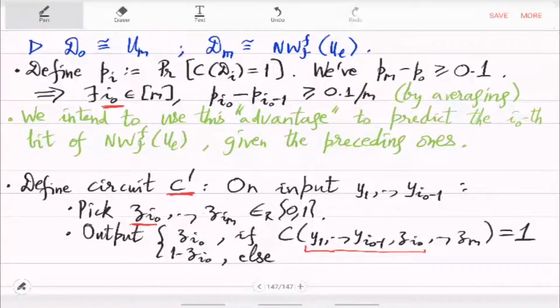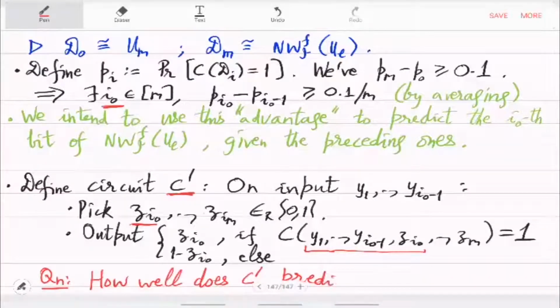So obviously the question is, how well does C prime predict yi0, right? What is the success probability? This will be a Bayesian probability analysis. So let's do that.